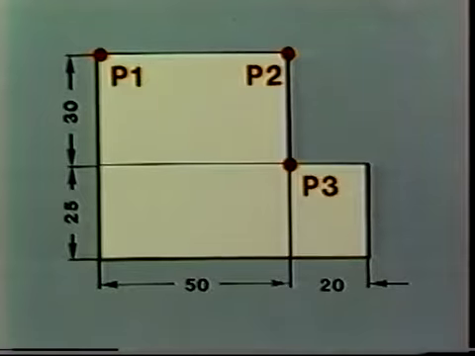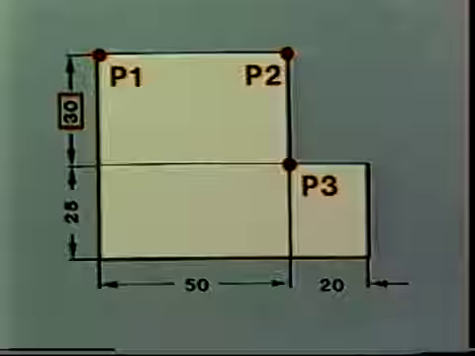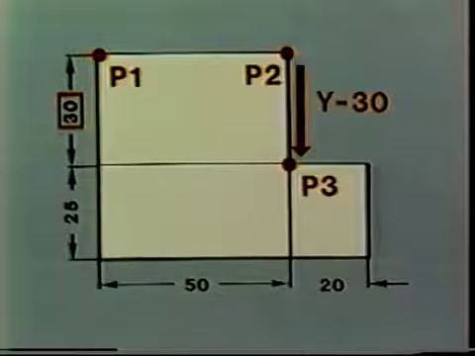P3 is 30 millimeters from P2 and opposite the direction of the y-axis. So in this case, you'll have to program y minus 30. This method of indicating dimensions is called programming in chain dimensions or increments. Dimensions are based on the current position of the tool. You specify how far the tool should move.